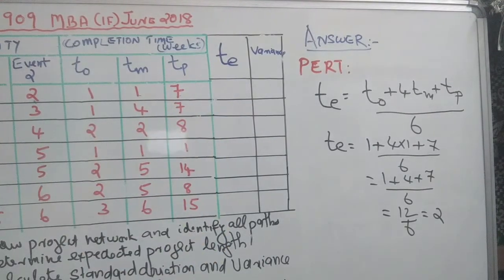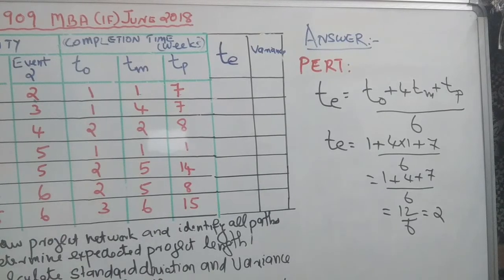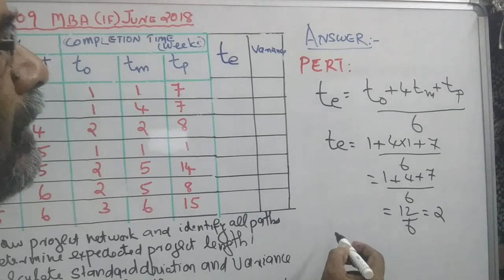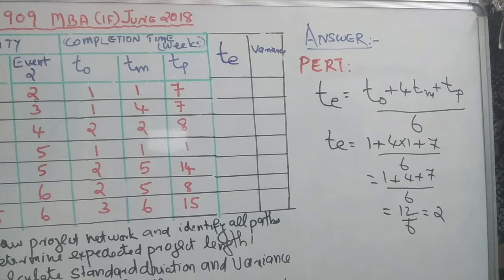The next step: this is probabilistic. Therefore, we have to calculate the variance for each activity.